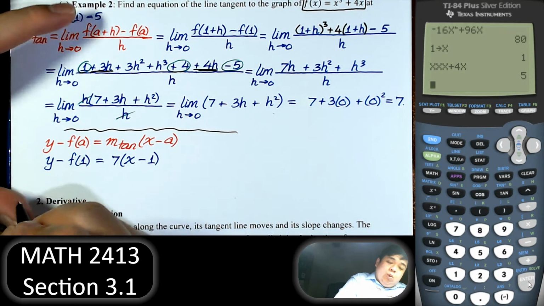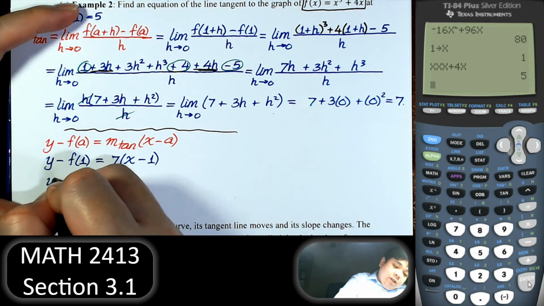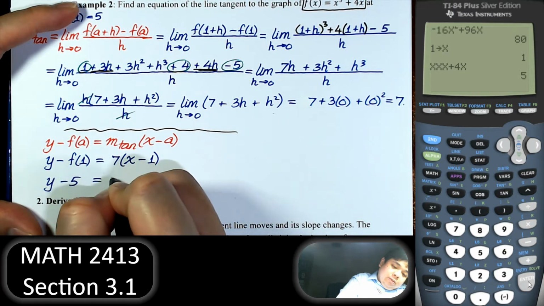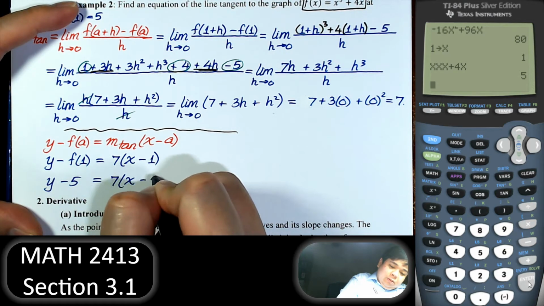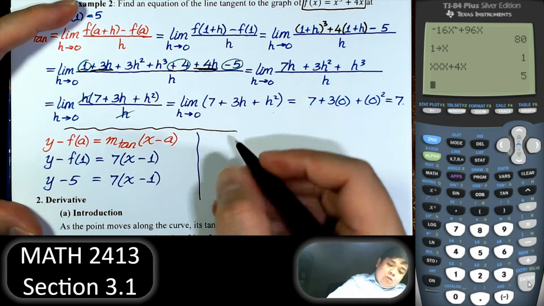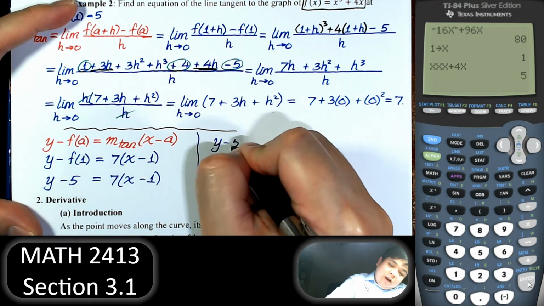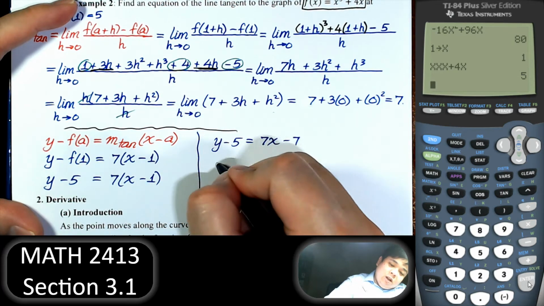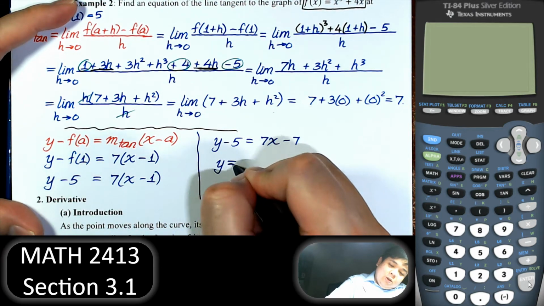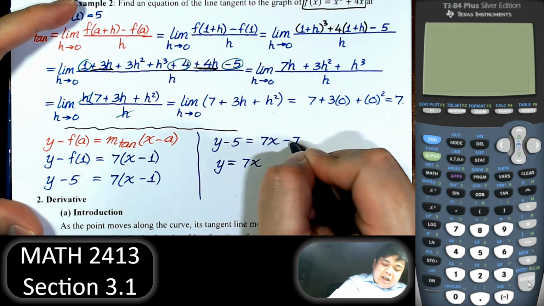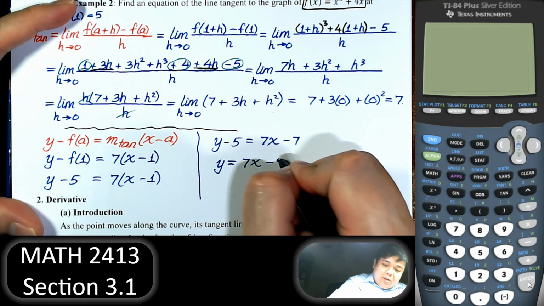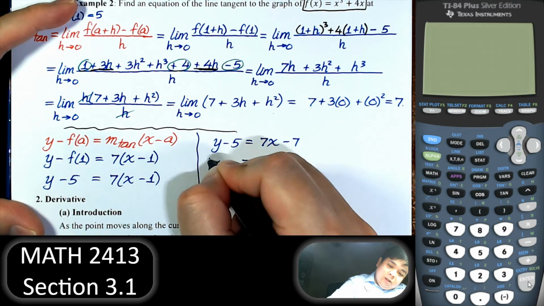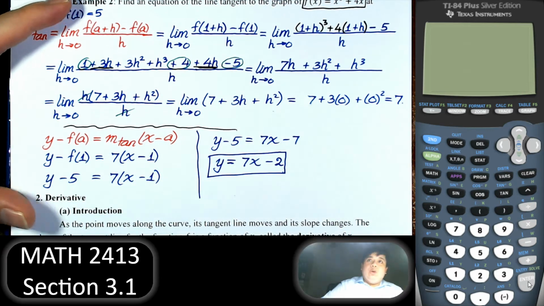F of 1 we did calculate earlier, which is 5. Multiply it out. Y minus 5 equals 7x minus 7, plus 5 on both sides. Y equals 7x minus 7 plus 5, negative 2. That is the equation of the tangent line.